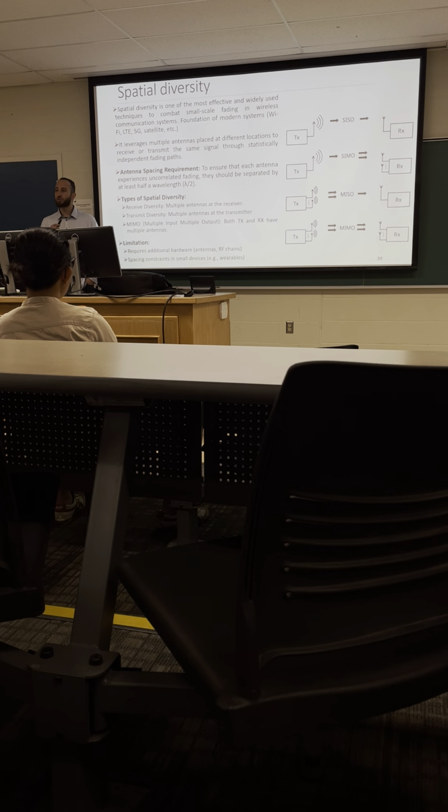However, I need to make sure that each channel is independent. The condition to have independent channels is to make the separation between these two antennas greater than half of the wavelength. This ratio varies based on the system.